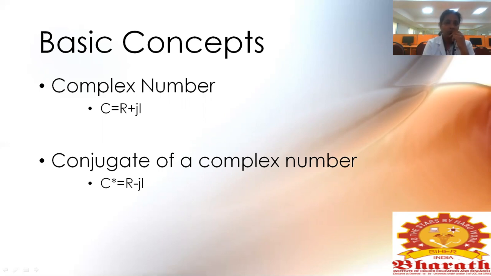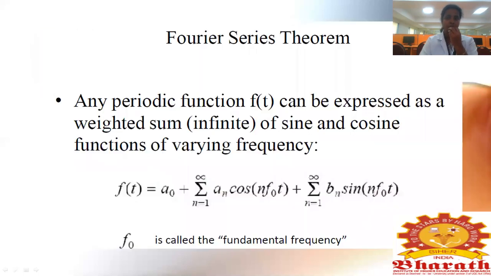In case you have the complex number to be R minus Ji, then the conjugate of your complex number is going to be C is equal to R plus Ji, right? So it gets inverted. So here what you're going to do, you have a representation for a complex number, and from that complex number you're going to get a conjugate of a complex number by changing the sign of the imaginary part.